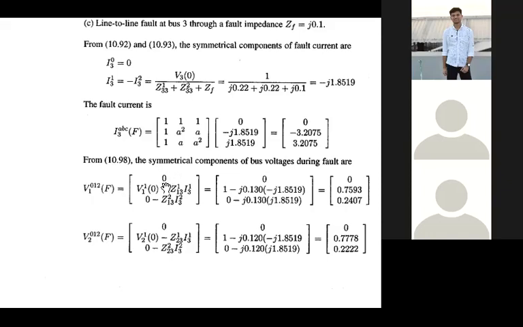For line to line fault, be careful about that. For single line to ground fault you have some part, but for line to line fault it is 0. That is the only difference between these two concepts, line to line and line to ground.